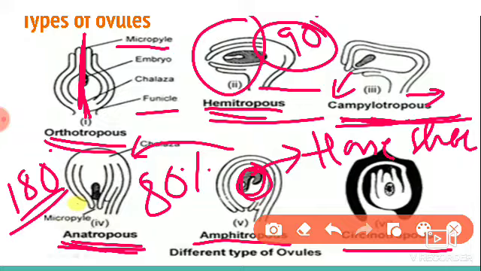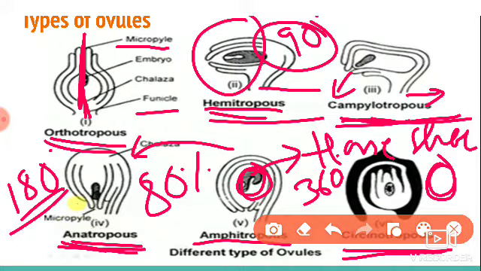And the next one is the circinotropous ovule. In the circinotropous ovule, a bending of 360 degrees or more can be observed. It is completely circular in structure.